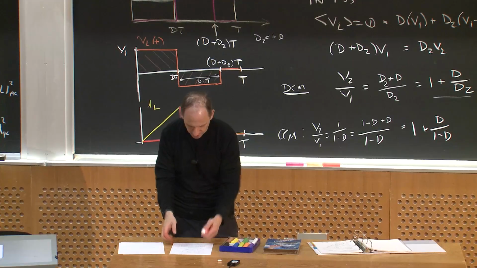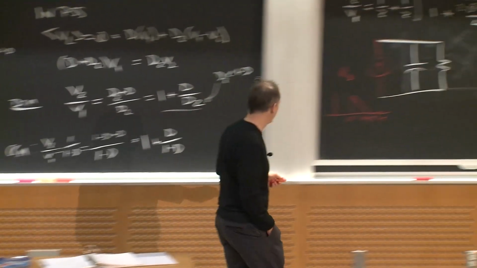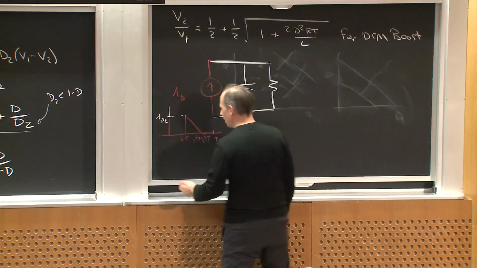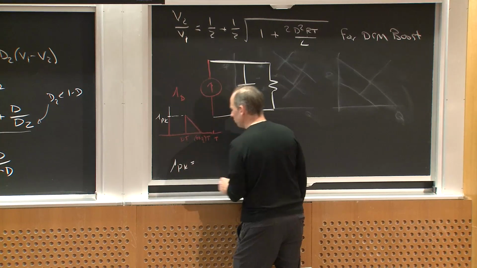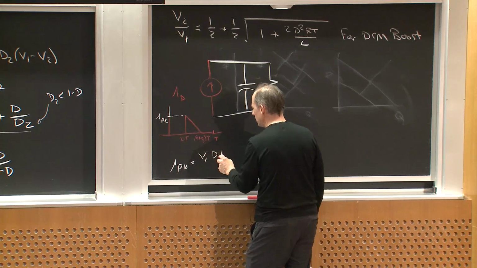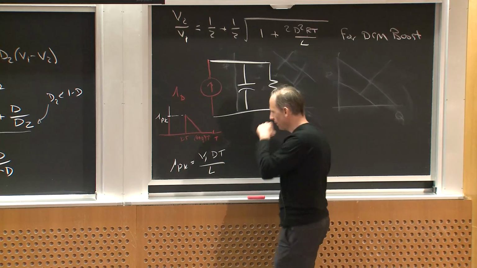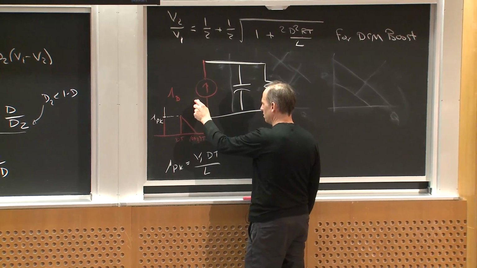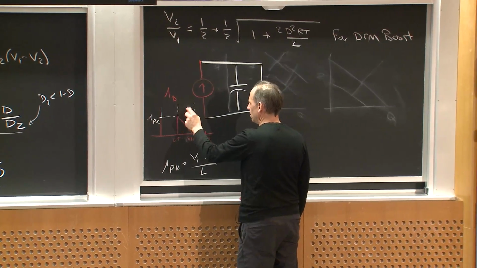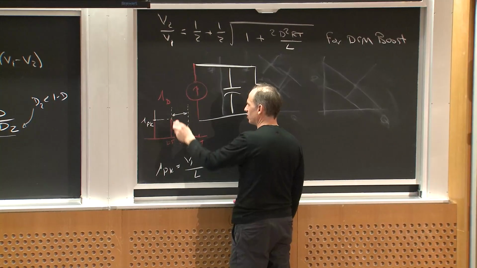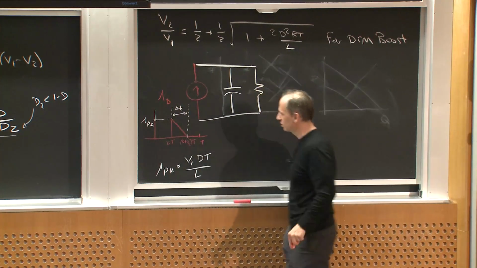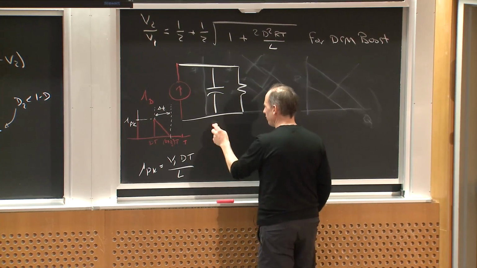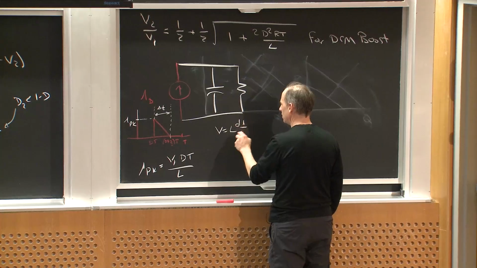Well, what does that look like? What I know here is that this current, I peak, is equal to V1 DT over L, right? And this time period, let me call this time period to discharge delta t, which is just D2 T, right? What do I know? I know that V is equal to L di/dt, right?